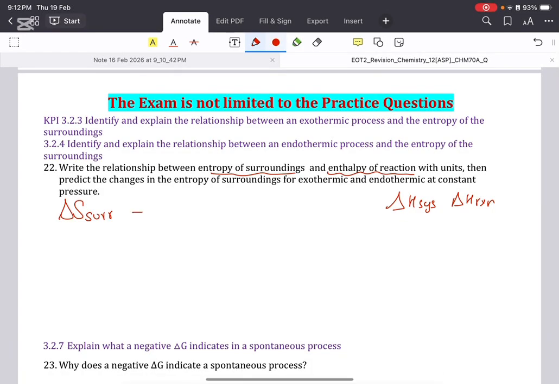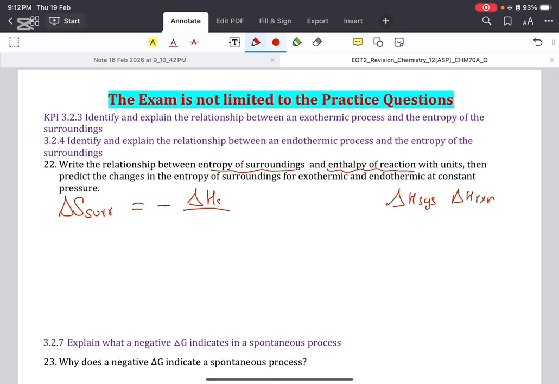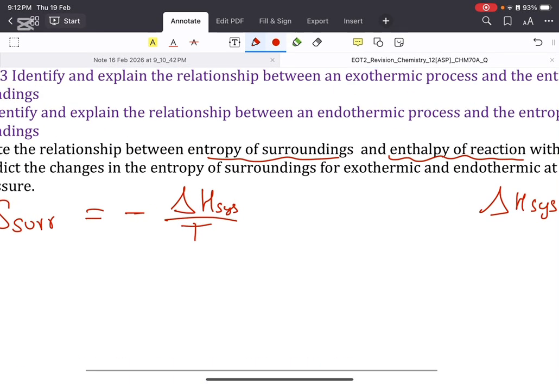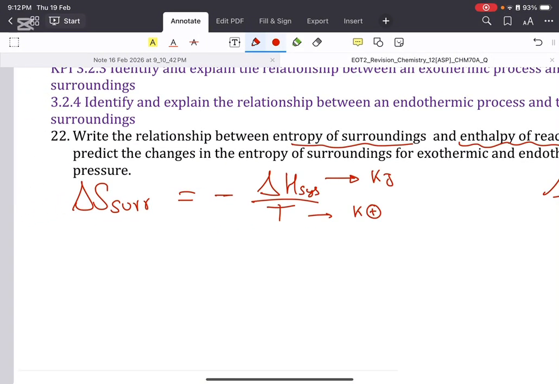To begin with, the formula for delta S, entropy of surroundings, is minus the enthalpy of a system or of a reaction over the temperature. Note that the enthalpy unit is always in kilojoules. It could be positive and it could be negative. The temperature is in Kelvin and it's always positive. The entropy of surroundings in this case is going to be in joules per Kelvin.